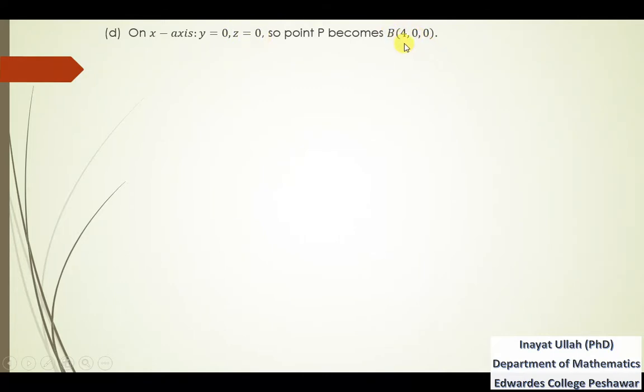So (4, 0, 0) is a point which is on the x-axis. We name this point B. Now we need to calculate the distance between this B and this P, the BP distance. By using the distance formula, BP is the square root of 40. So that is the distance between point P and the x-axis.